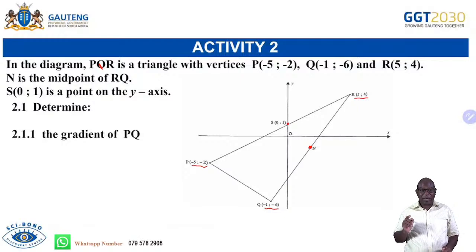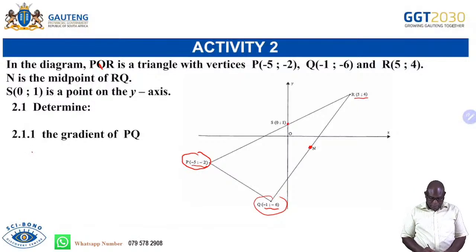But I must first read the information to see that everything that is there on that information is indicated on the sketch. Now, the first question says, determine the gradient of PQ. So now I'm using point P and point Q to get the gradient.